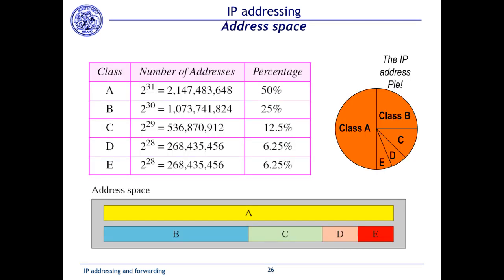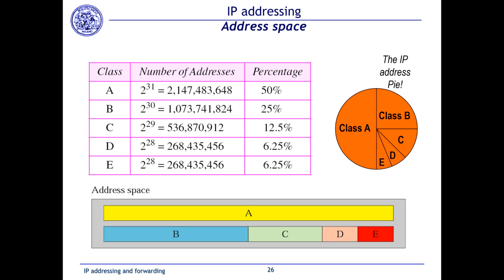So this is about special addresses, and let's go back to the classful system. If we plot on this pie the address space of IPv4, which is all the numbers you can obtain with 32 bits, that means 2 to the 32 numbers, we can partition it according to the different classes.